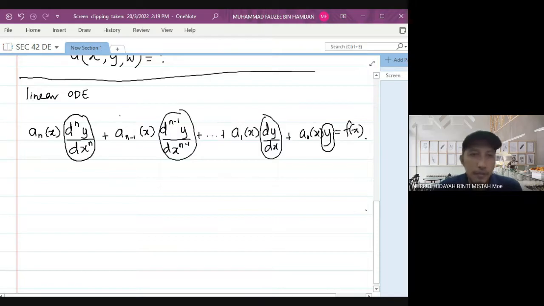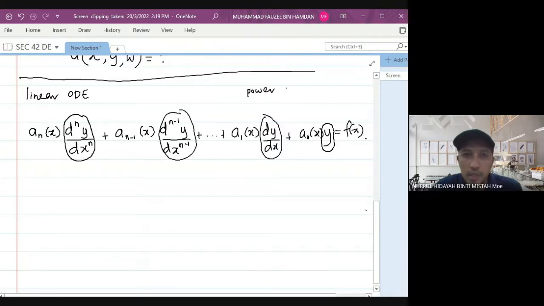For us to consider our ODE a linear, all these differential coefficients, including y, must have power equal to 1.